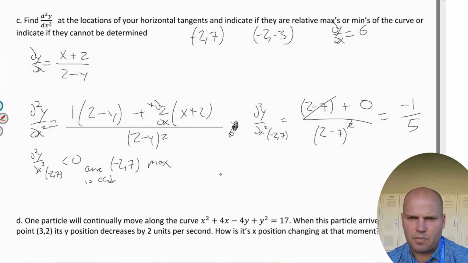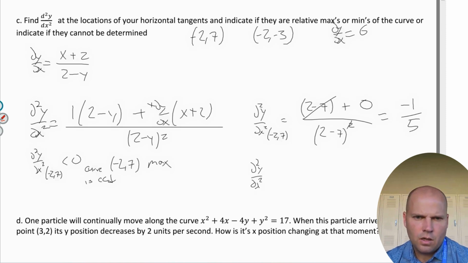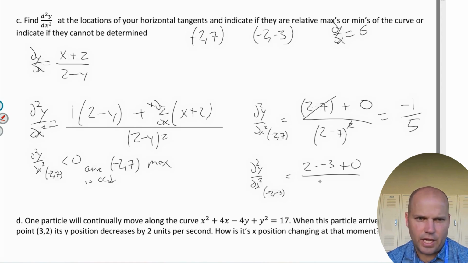Let's do the same thing at negative 2, negative 3. And I get 2 minus negative 3, which is positive 5. I will get 0 again, and then I'll get positive 5 squared. So it ends up being positive 1/5.